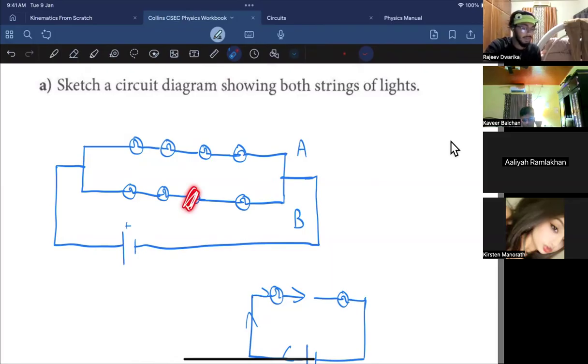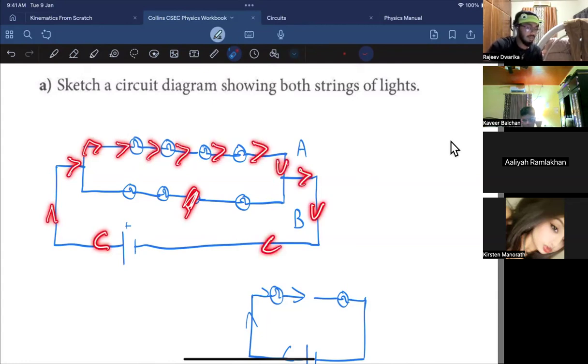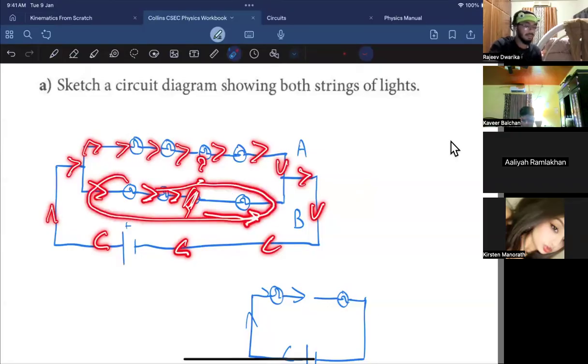Well, let me see. The current will come like this, and the current splits in here. Over here the current splits like this, but since this bulb is blown, it wouldn't be able to reach this bulb. So what is going to happen to this whole line up here?